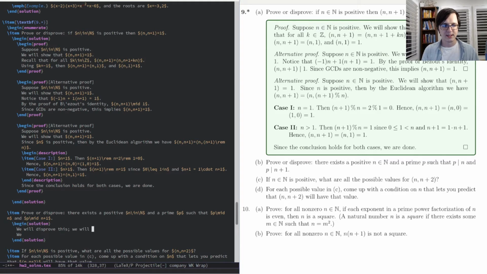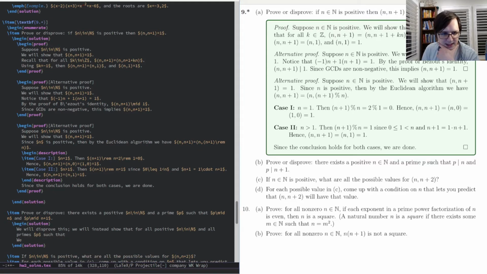We will instead show that for all positive n in the natural numbers, and all primes p such that, oh wait, what am I saying? There exists a positive, oh right. Then p divides n, does not divide n, or p, oh no, is that what I want? Oh, okay.